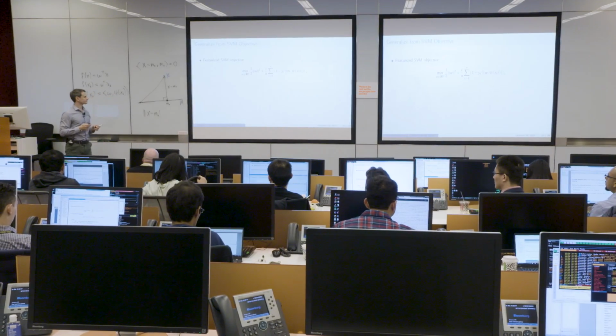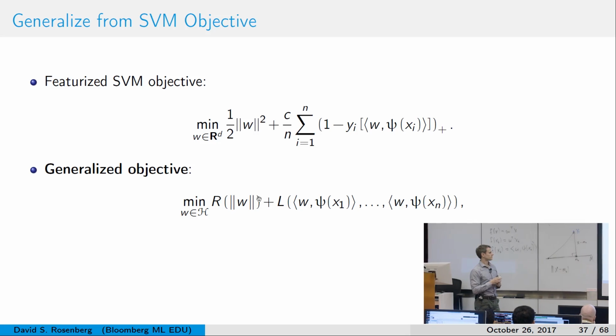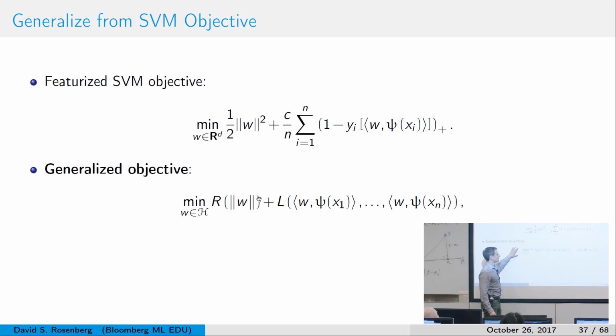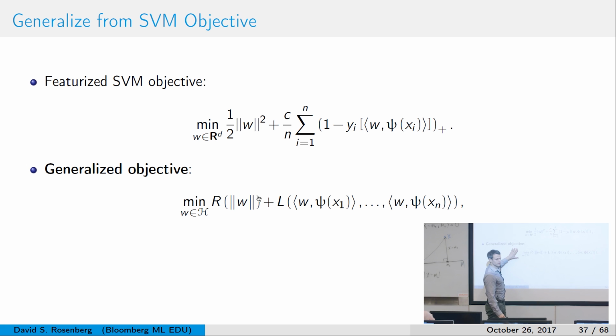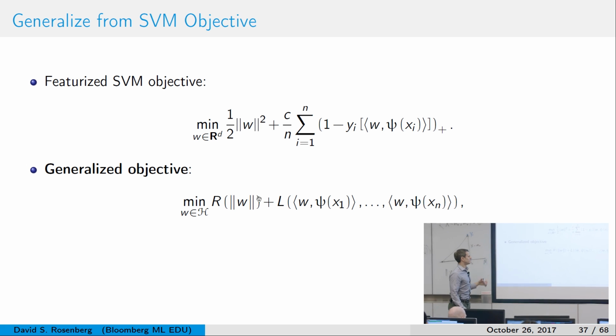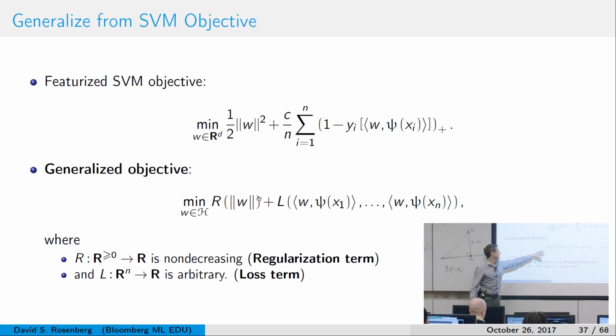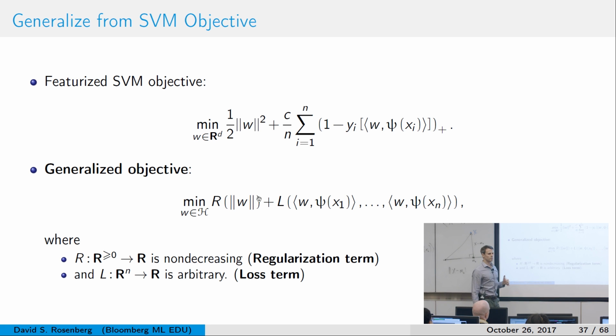All right. I just want to make sure you see that this is the general form we'll be working with for a bit. You can see that this is a special case of this. And the caveats I want to have are that this R function is non-decreasing, and this L, the loss term, really is an arbitrary function of the predictions.